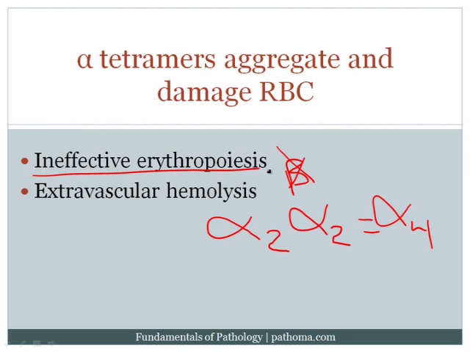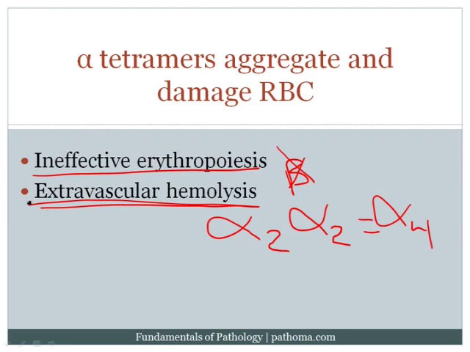What that means is that as the red blood cells are being made and alpha is being produced, the alpha will actually precipitate and damage the red blood cell as they're being generated. Another problem is that even if the red blood cell does manage to get out of the bone marrow, the spleen will recognize the abnormality of this precipitated hemoglobin present within the red blood cell, and will actually destroy the red blood cell within the splenic macrophages.